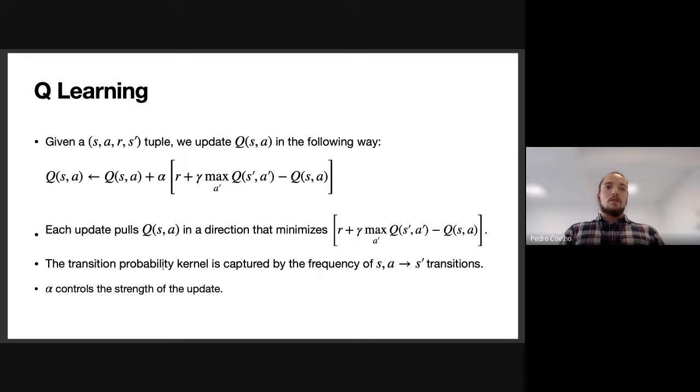And what replaces the probability kernel is basically the frequency with which you do the updates. Let's say you have a higher frequency of going from state S and action A to a next state than to an alternate state. Then that next state will be updated more often.